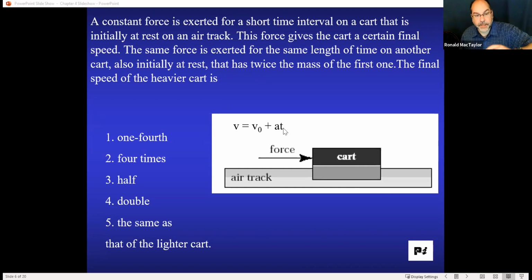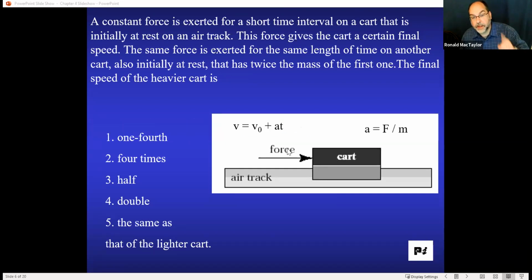The difference in the final velocity between the light cart and the heavy cart is to be revealed in which one had greater acceleration. Well, we know that force equals mass times acceleration.